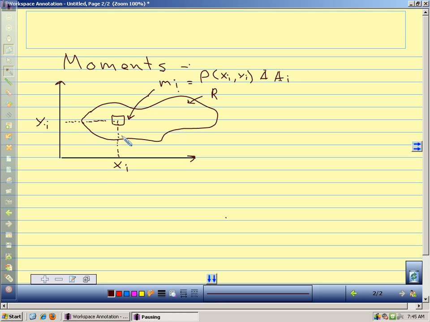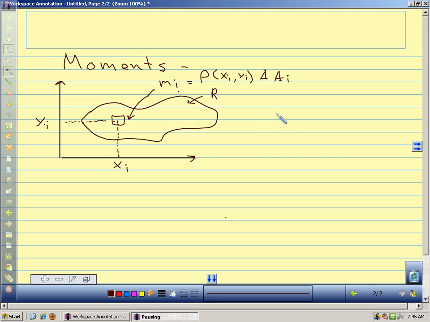And we're going to remember we defined our moment. Our first moment is the mass weighted by its distance from the axis, and we're summing all of those masses weighted by their distance from the axis to get our moment.